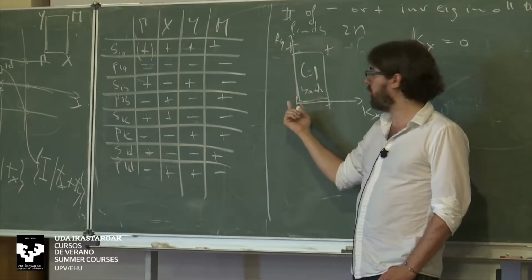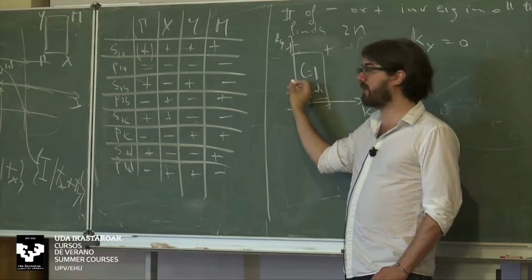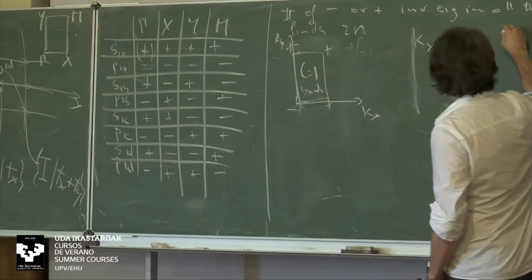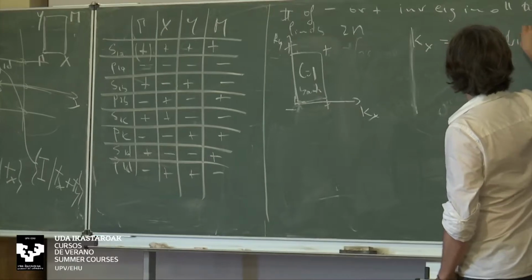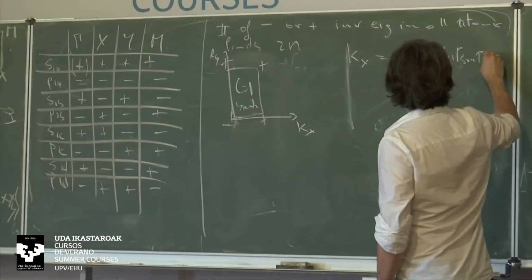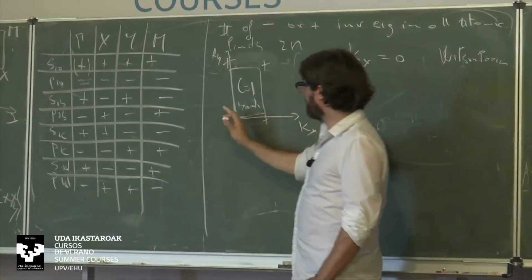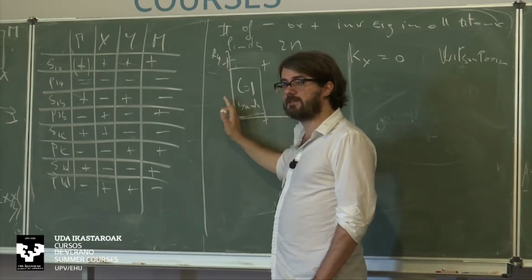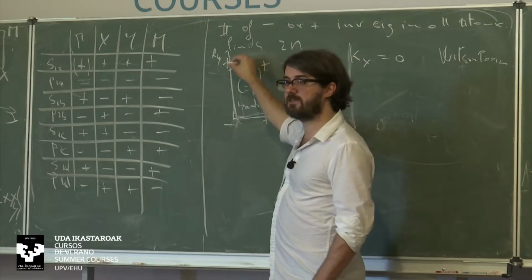So I already know, so I can look for these inversion eigenvalues in this direction. What is the Wilson loop eigenvalue? So at kx equals 0, kx is a good quantum number. For every kx, I can make this a 1D system.